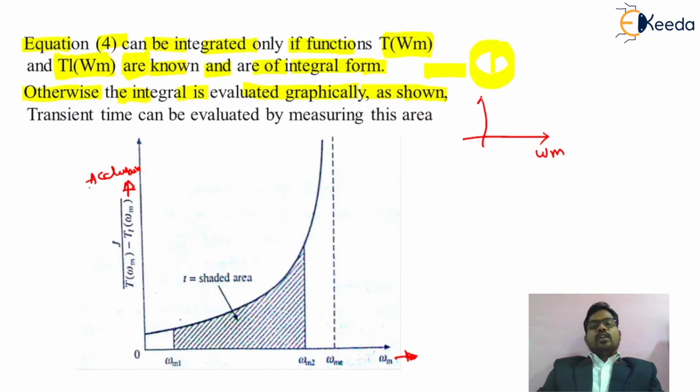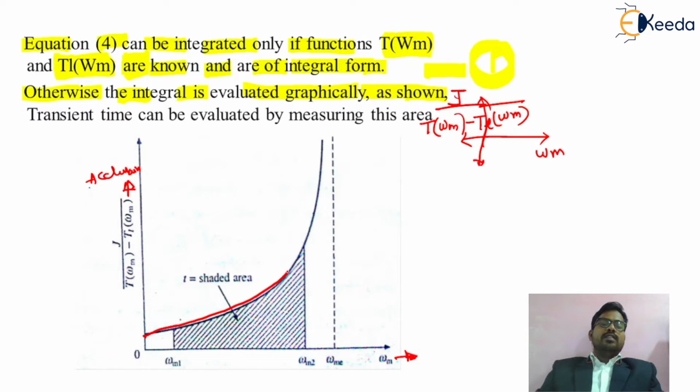The other term in the integration is J divided by the function of the motor torque in terms of speed minus the function of the load torque in terms of speed. So we get the value of t by plotting one characteristic with respect to the speed.